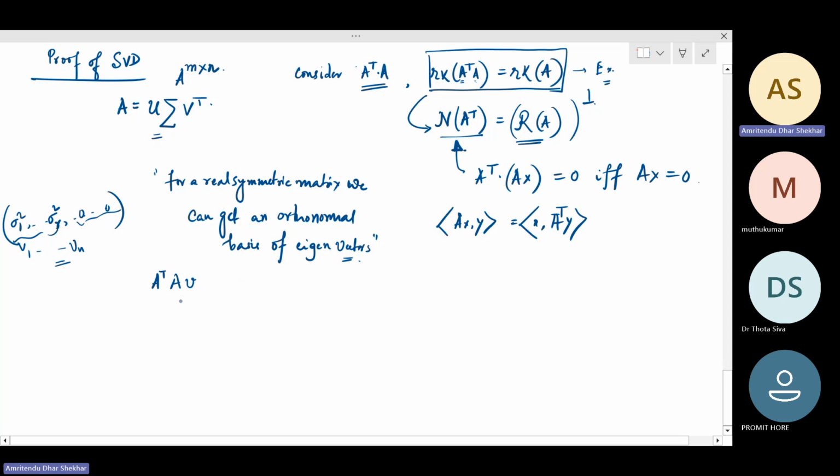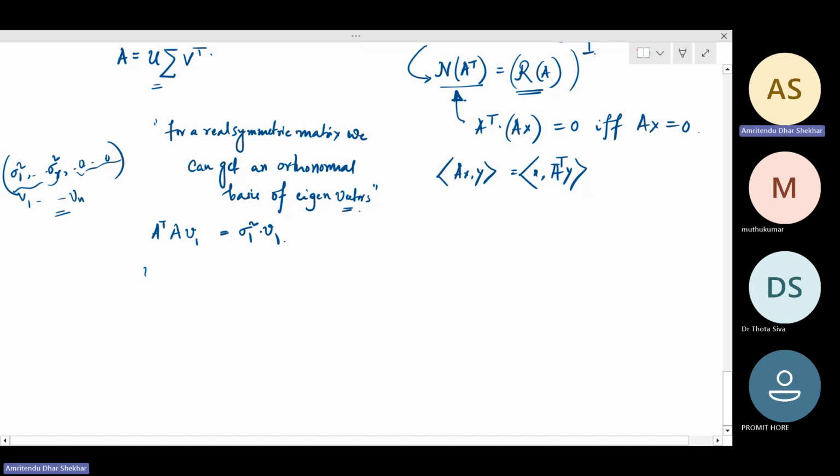So let's write A transpose A times V1 is equal to sigma 1 squared times V1. Okay. Now let's put Ui equal to A Vi.